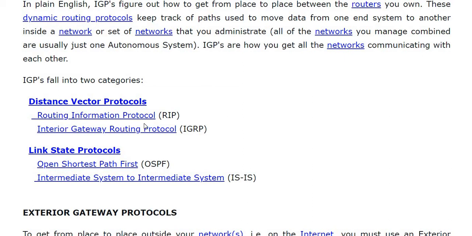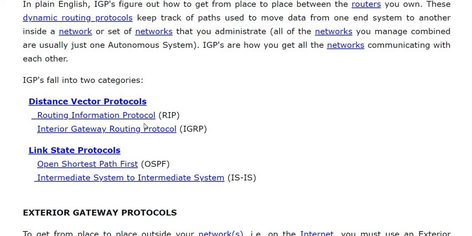We already learned this in our last unit, in the previous slide also. Link state routing protocols include open shortest path first and intermediate system to intermediate system, in the autonomous system.